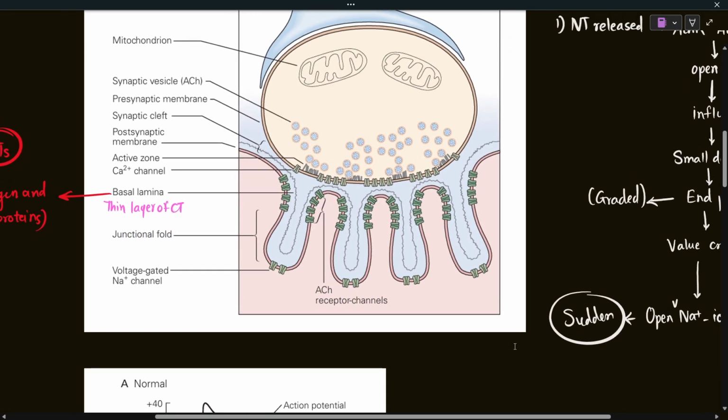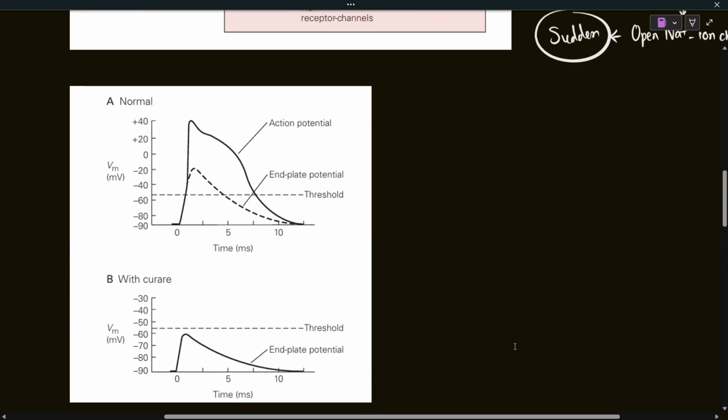The end plate potential was first studied in 1950 by Paul Fatt and Bernard Katz.